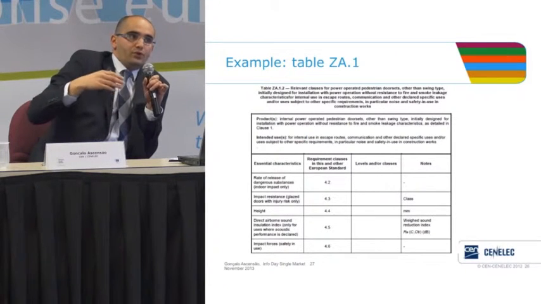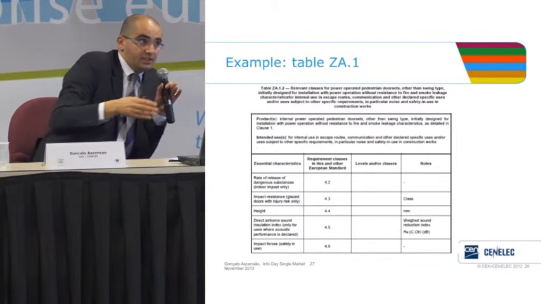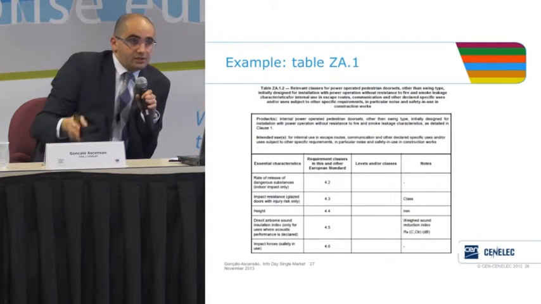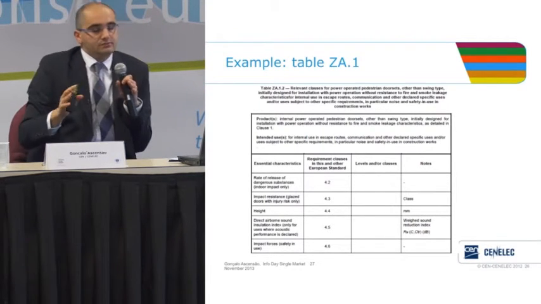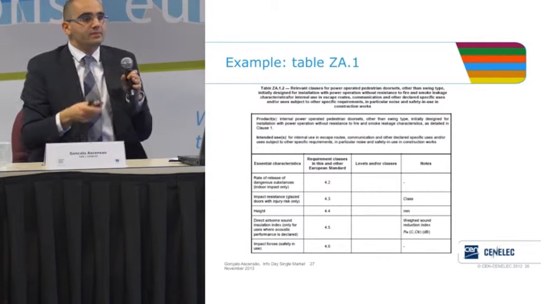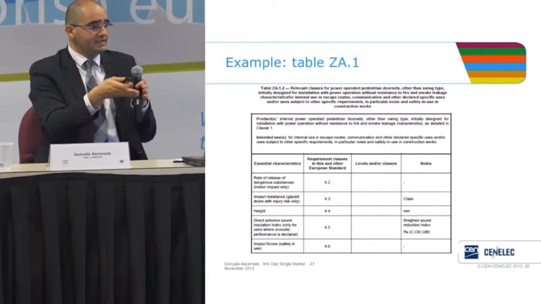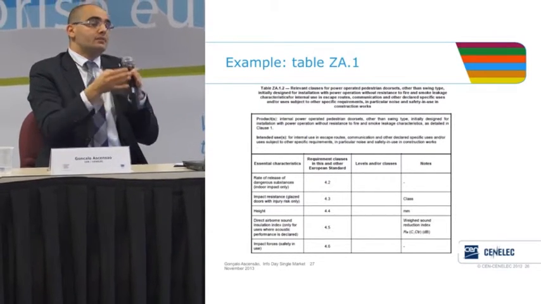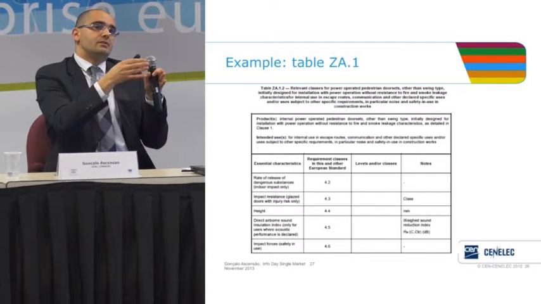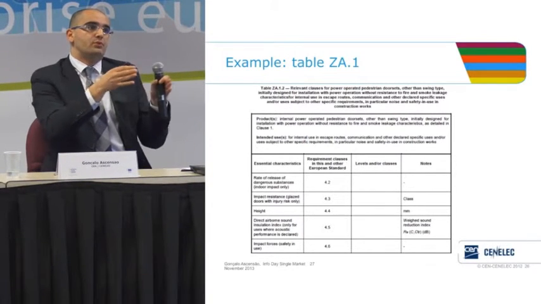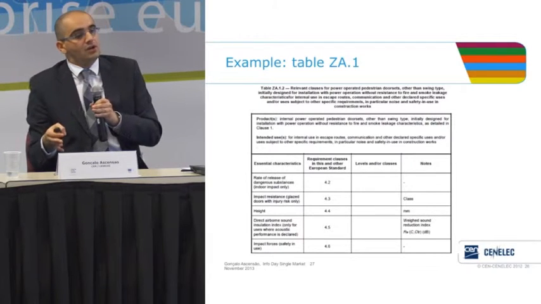So if you have a door, it may be the same, but if it's used for internal or external, the characteristics, the legal requirements at national level may be different. But the mandate usually is making this distinction between which are the characteristics relevant or not.